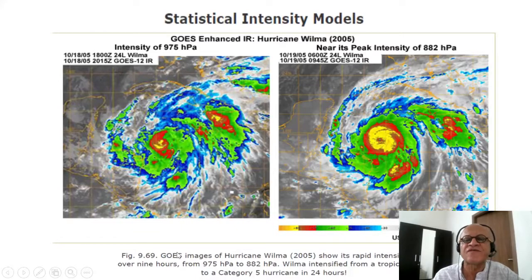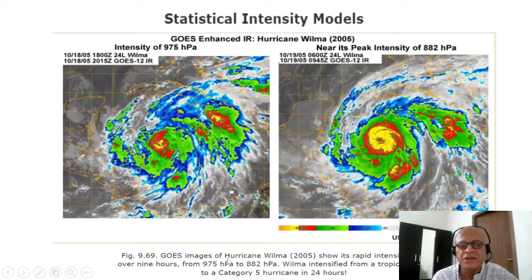Here is an example of a rapid intensification that was monumental. So here we are going on October 18th for Wilma, with intensity of 975 hectopascal at 1800 Z and 2015 Z, and near its peak intensity of 882 hectopascal by 945 Z on 10/19.